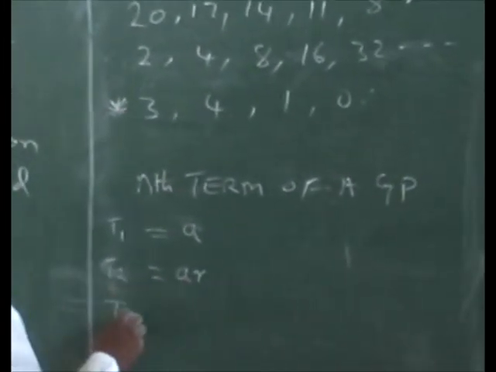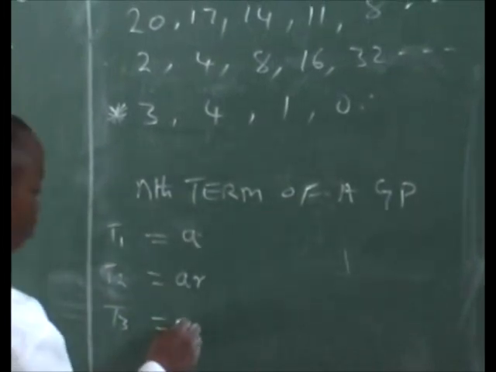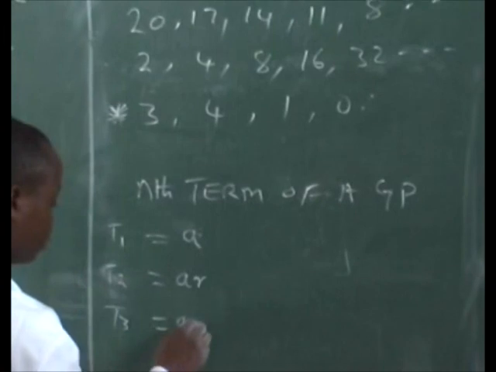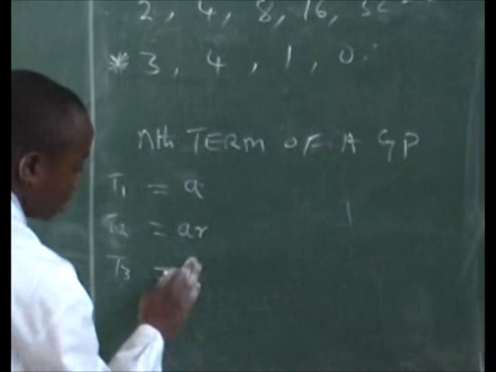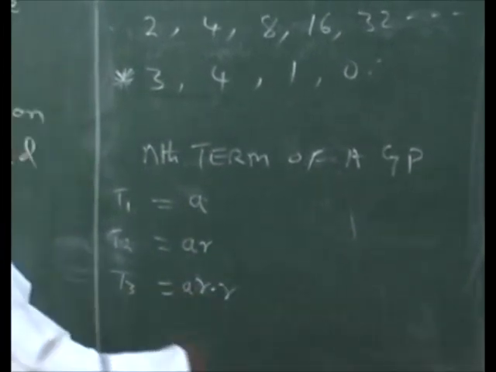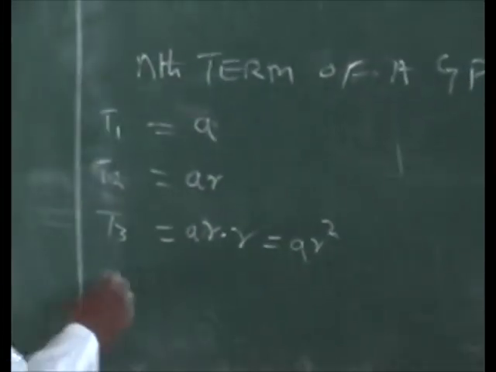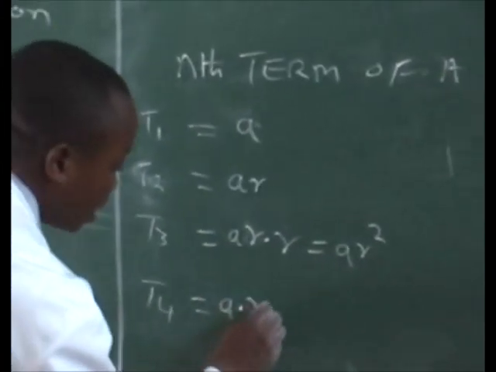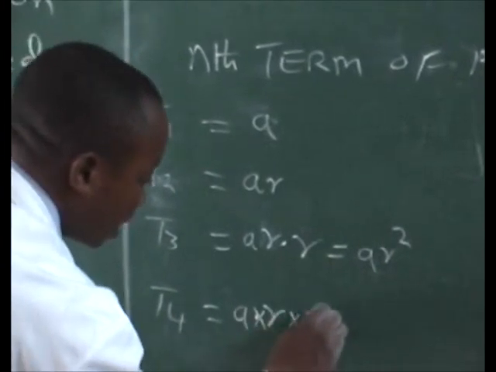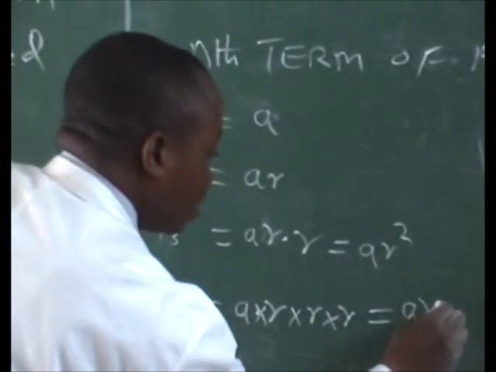Next, we will have T3, and T3 will be A times R times R, which is equal to A R squared. Now, the same thing will happen to T4. We'll have A times R times another R, which is A R raised to the power 3.